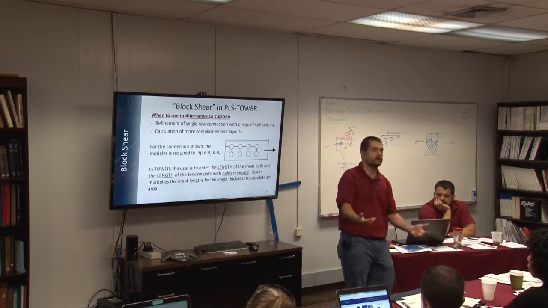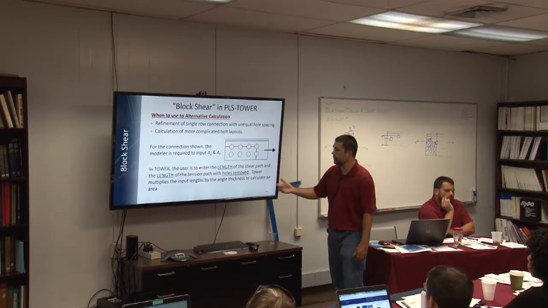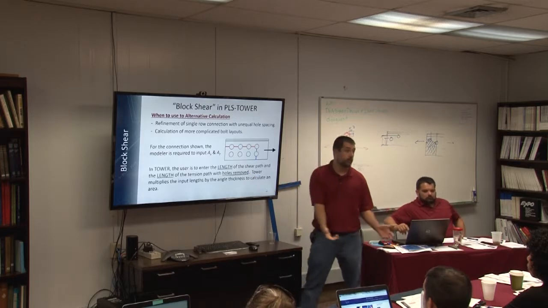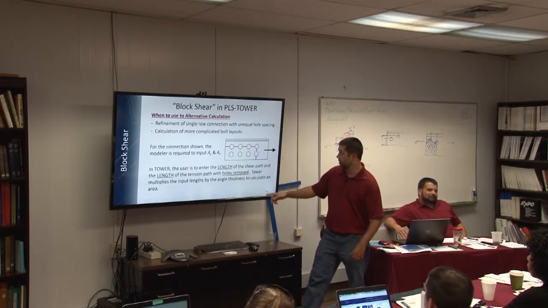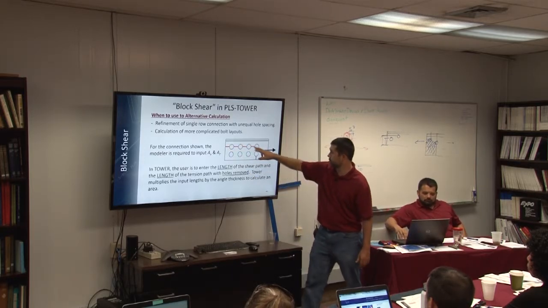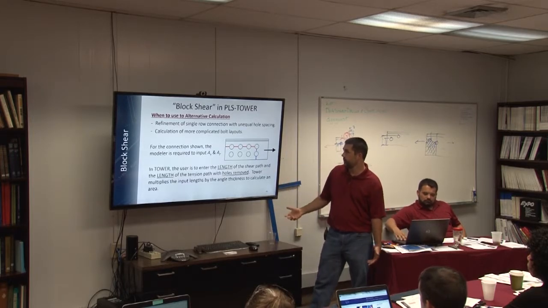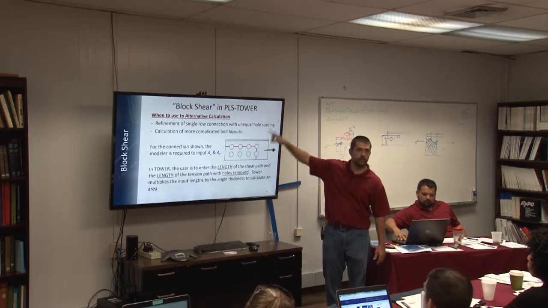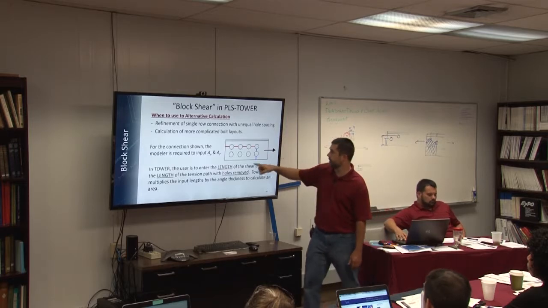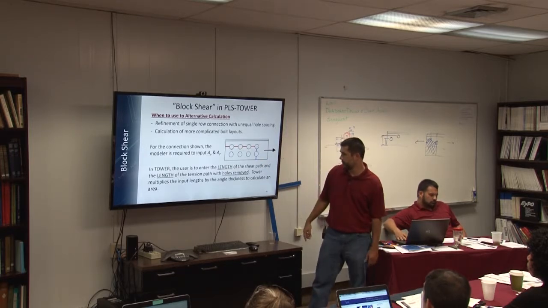We kept talking about shear areas and tension areas, but the input is length, so Tower can multiply by thickness. It wants to know the length of this red line with the holes already subtracted, and the length of the blue line with the holes removed. That's what you put into those two columns on the right, and then it'll calculate this block shear calculation for you.